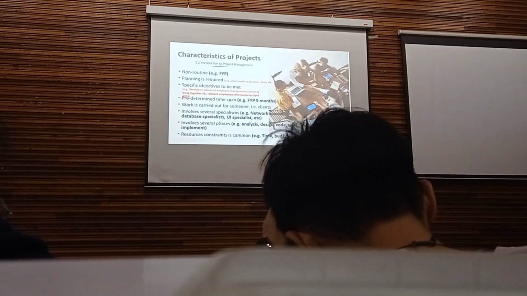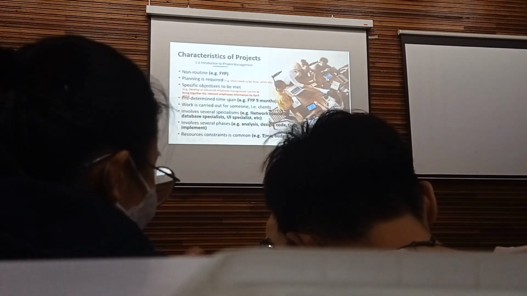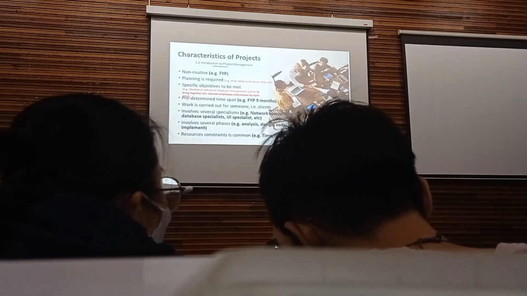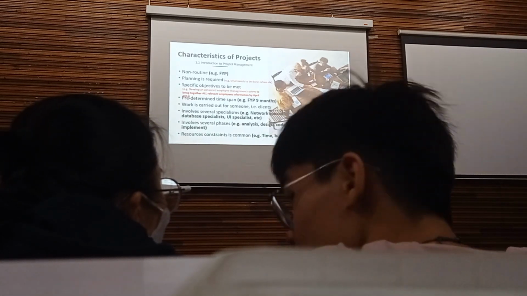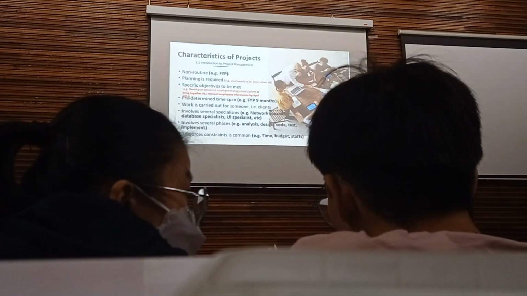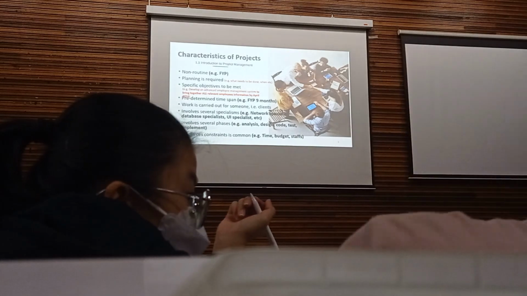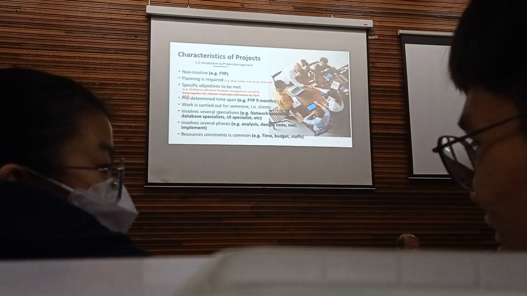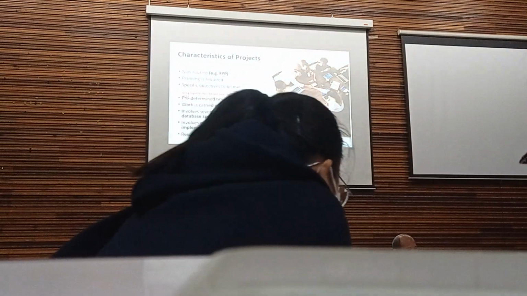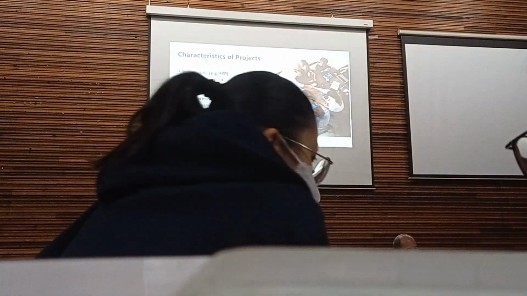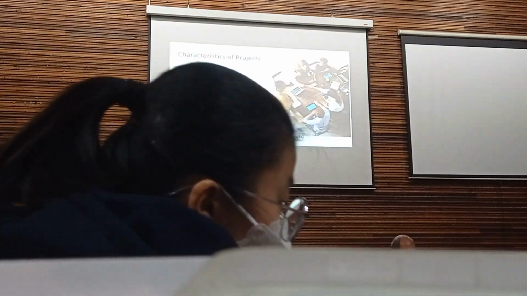So these are common constraints: time, budget, staff. For FYP, you have 9 months. That is your time constraint. Budget, I don't think you want to spend a lot of money on the project. Staff, you are alone, you cannot hire someone to work together with you.